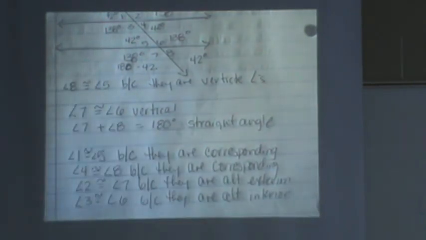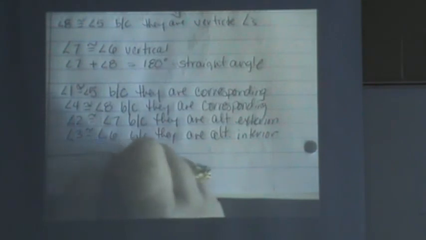Now, are there other ways that we could have proved these angles congruent? Yes, there are other ways, but those are the main ones that I wanted you to recognize and know today. Believe it or not, we have covered 2 sections. The only thing I've not talked about is perpendicular lines, and I can do that real quick.